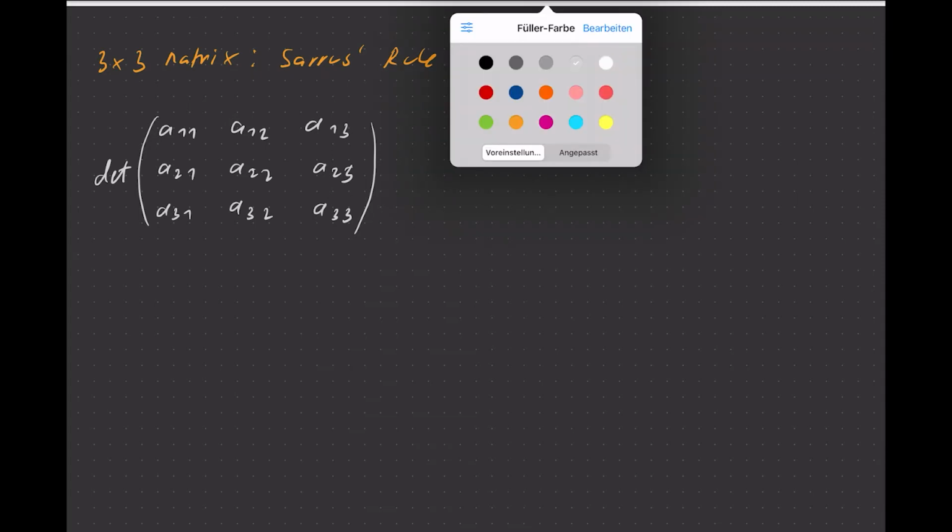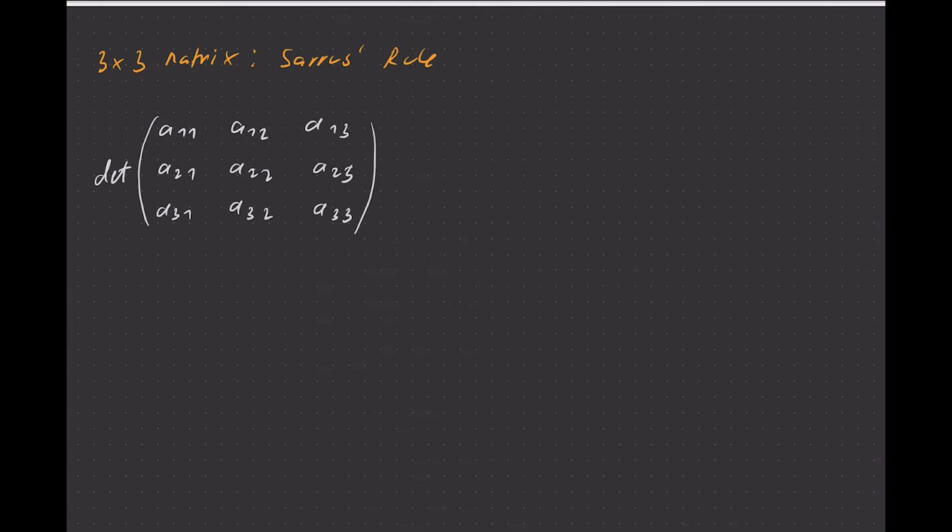And now the idea here is to copy the first two columns and write them behind the actual matrix once again. So we copy that first column, A11, A21, A31, and then a second column, A12, A22, A32. And then we can apply a rule that is similar to the one that we've used before.